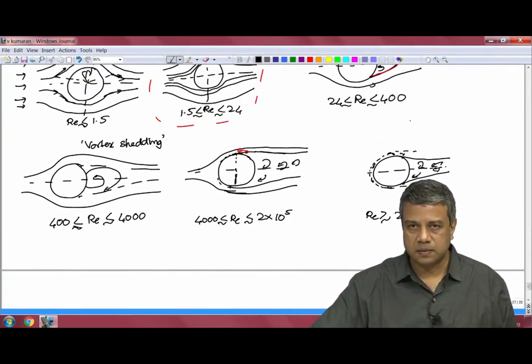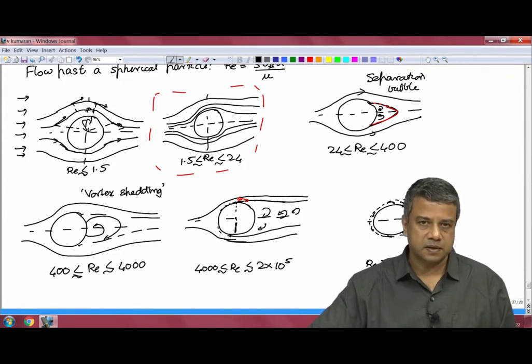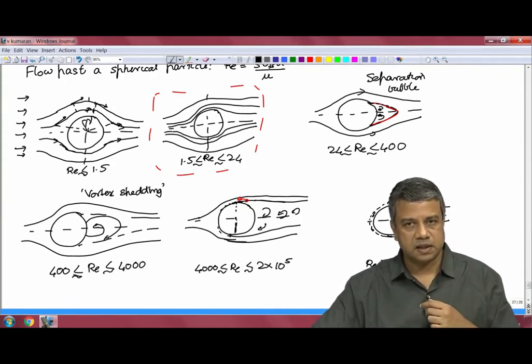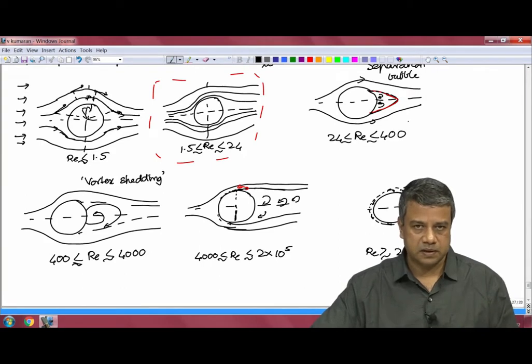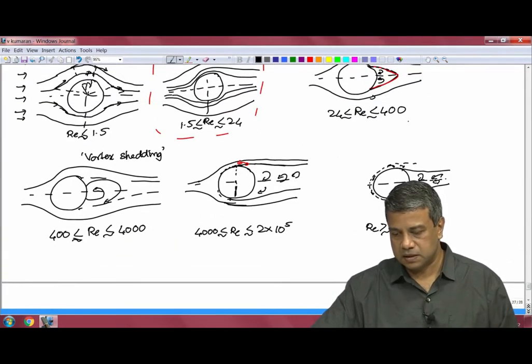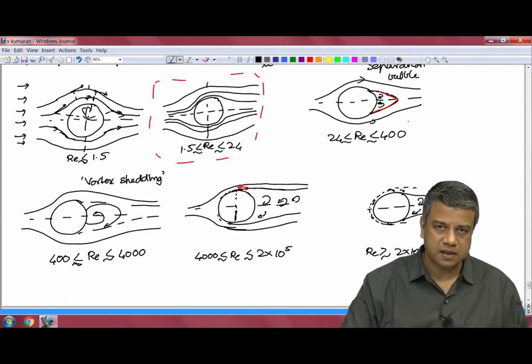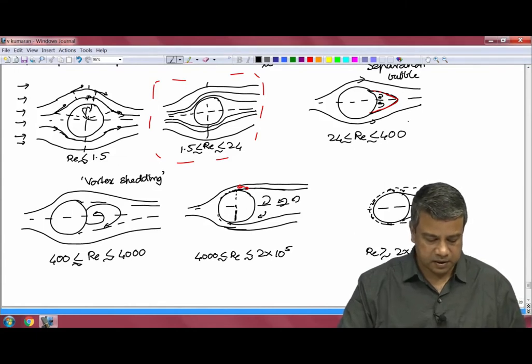So, a rather complicated set of transitions take place in this particular case, some of which are gradual and some of which are abrupt. So, this is a simplistic summary of the various things that happen in the flow past a spherical particle.